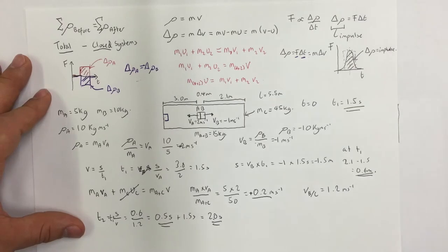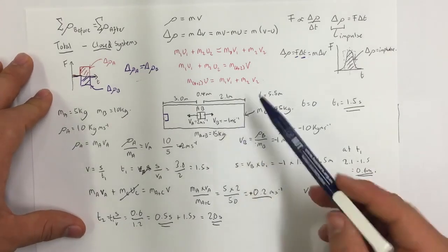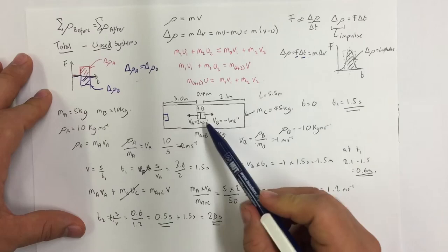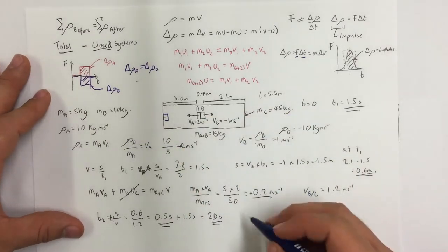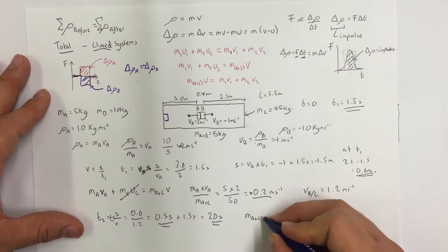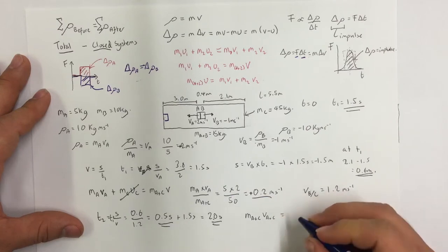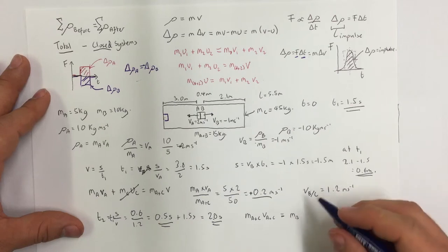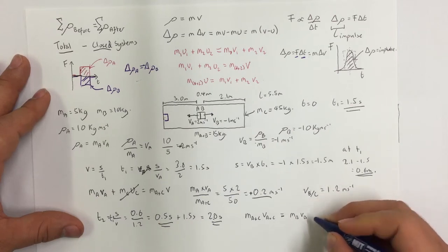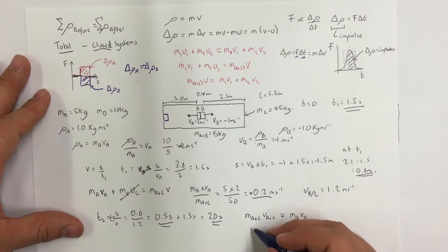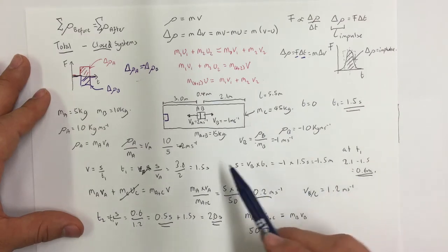Now, what will happen at this point is the momentum of B. If we work out the total momentum of the container in this direction, the momentum of A plus C is the mass and the velocity of A plus C. That's going to be equal and opposite to the mass of B and the velocity of B. So if I put the numbers in, the mass of A plus C is 50 times the velocity, which is 0.2.